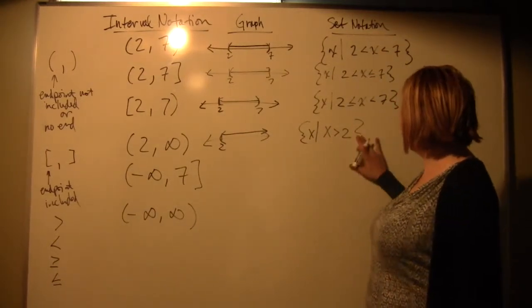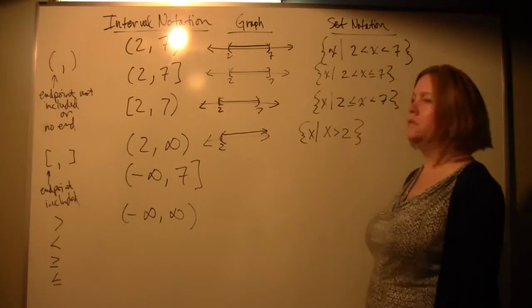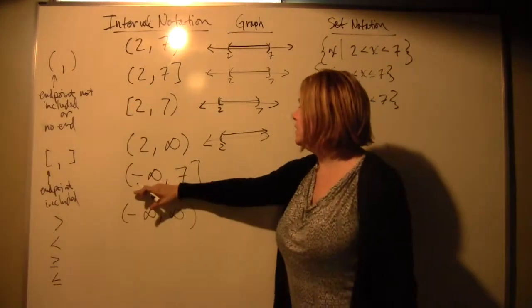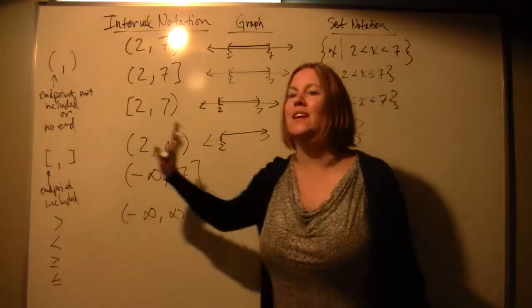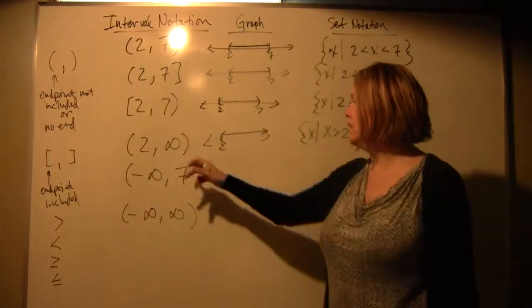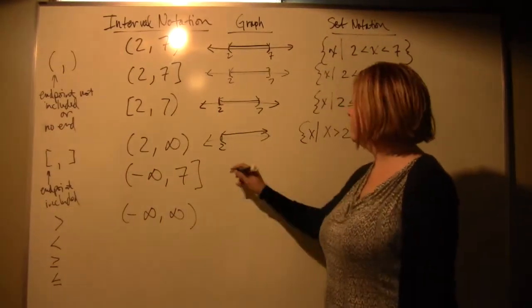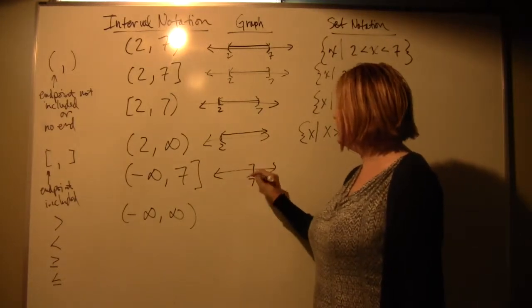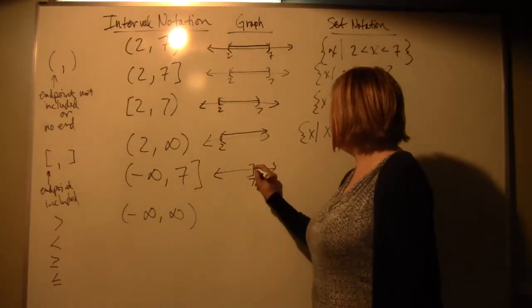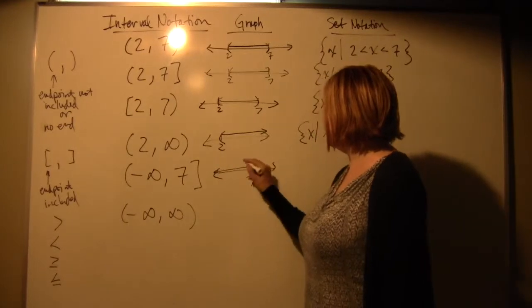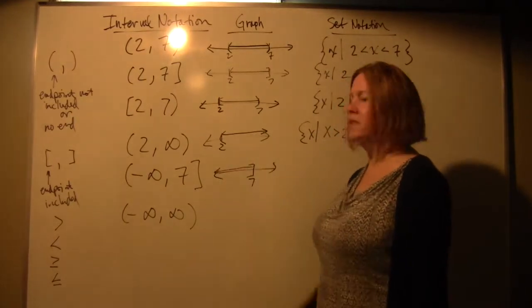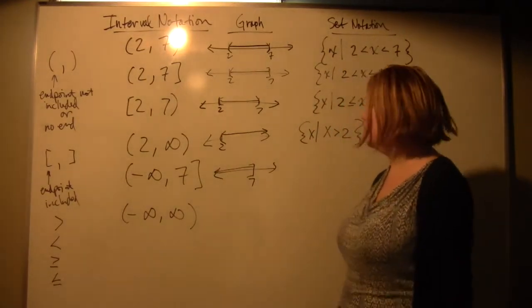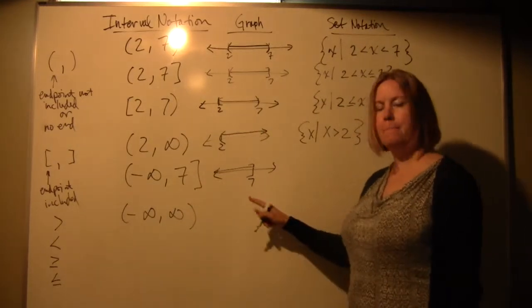All right, so this is x is less than or equal to 7 because it goes to negative infinity. So we're going to start at 7, and 7 is included. And it's all x less than 7 up to 7 and including 7. Okay?